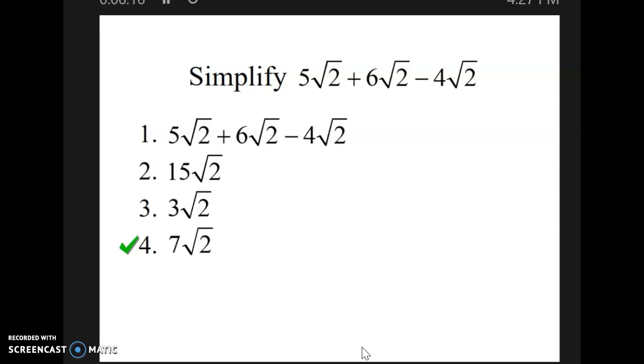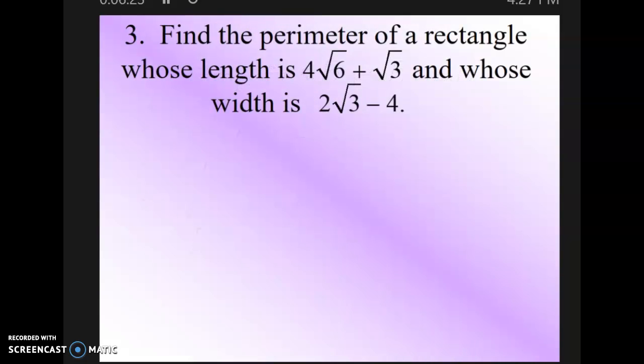All right, if you turn your notes over, I just have the PowerPoints there for you. Let's look at this word problem here. Find the perimeter of a rectangle whose length is 4 square root 6 plus square root 3, and whose width is 2 square root 3 minus 4.